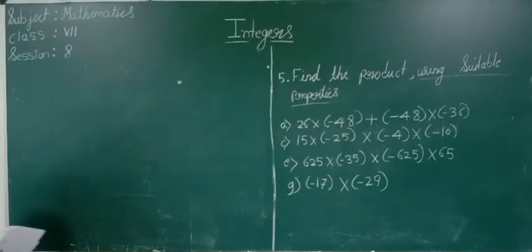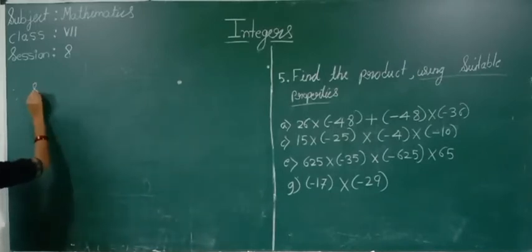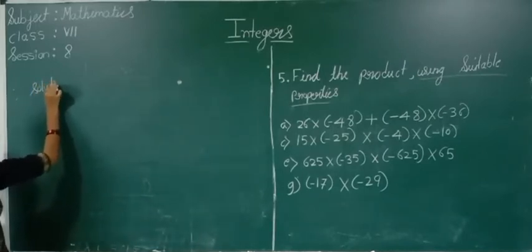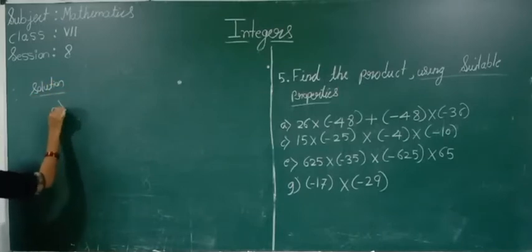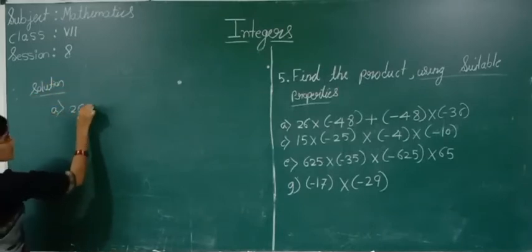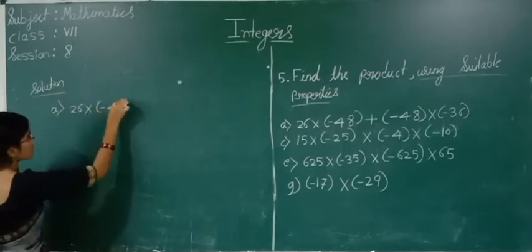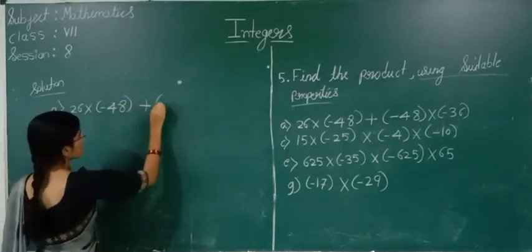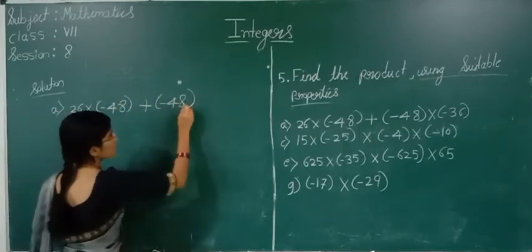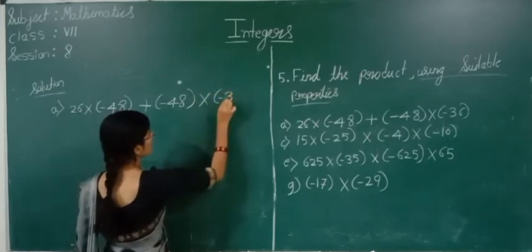Now see here, A, solution. A, that is 26 multiplied by minus 48 plus minus 48 multiplied by minus 36.